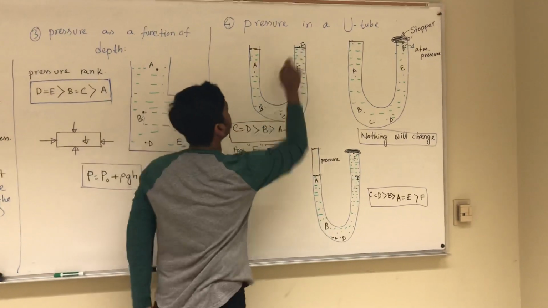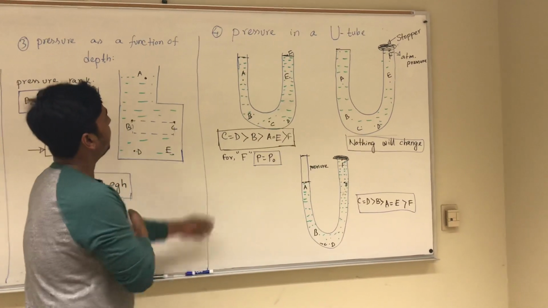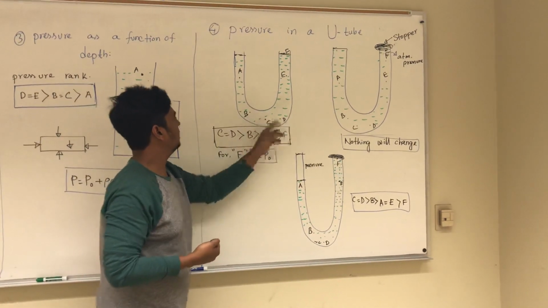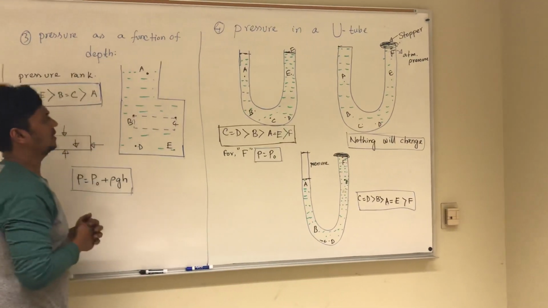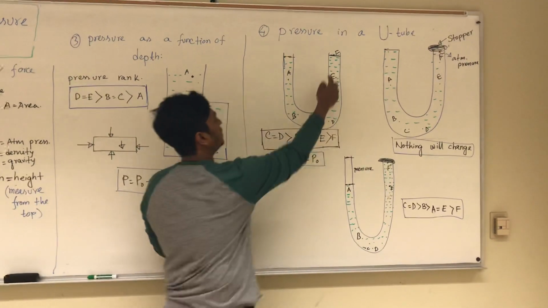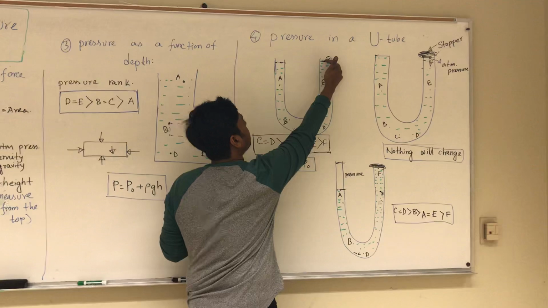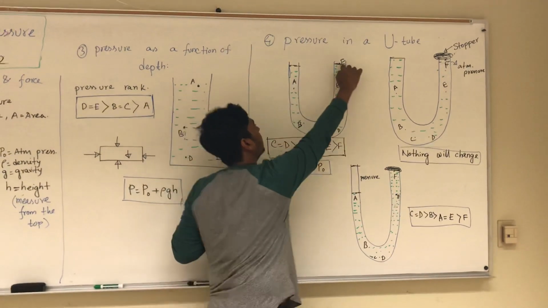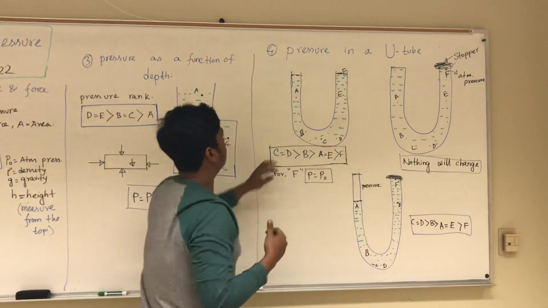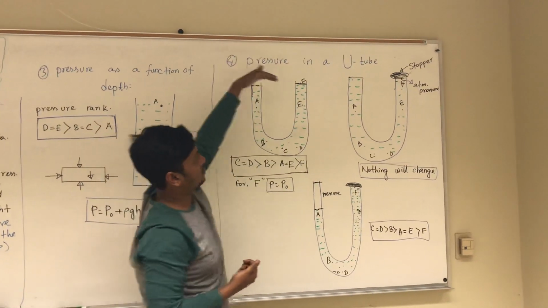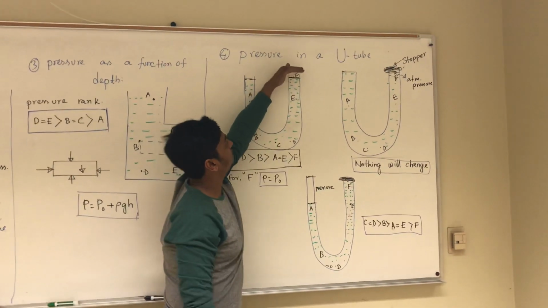F is at the top of the layer. A and E are at the same height. C and D are also at the same height. According to this formula, F is in contact with the atmosphere, so F will have the atmospheric pressure, and height H is 0 here, because our reference point is the top of the layer.